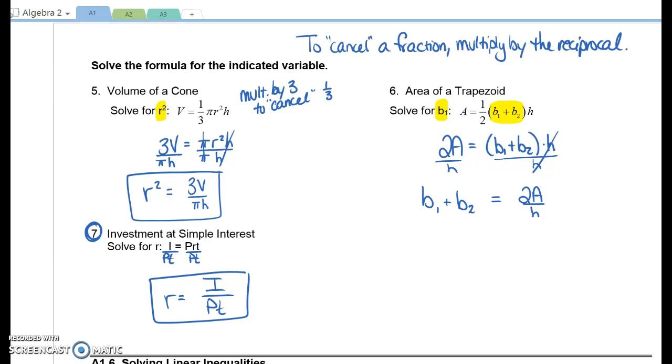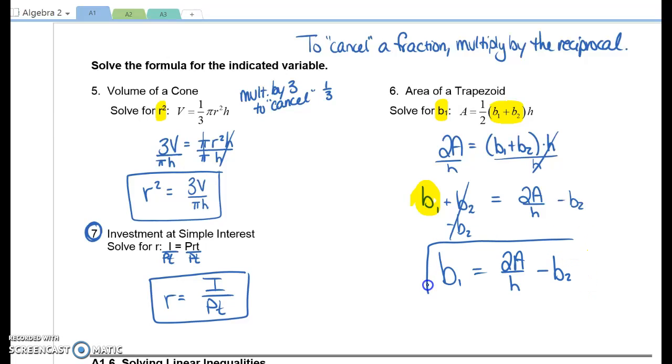We're trying to get b1 by itself, so how do we get rid of that b2? We subtract b2. So b1 equals 2a over h minus b2. b2 was not divided by h. Only the 2a is being divided by h. So make sure that that b2 is separate and not on top of that h.